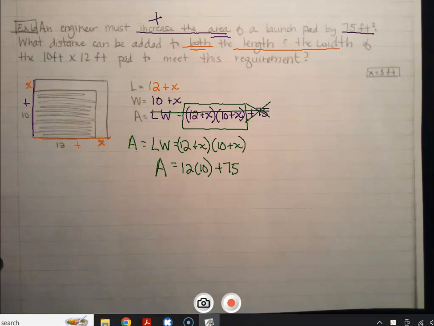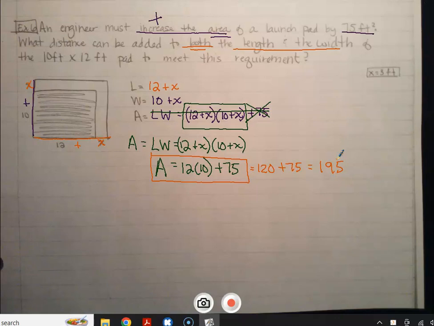The second one down here is all numbers. There's not a single variable to it. We can actually solve it, right? 12 times 10 is 120 plus 75. That equals 195. So our new area has to be 195.